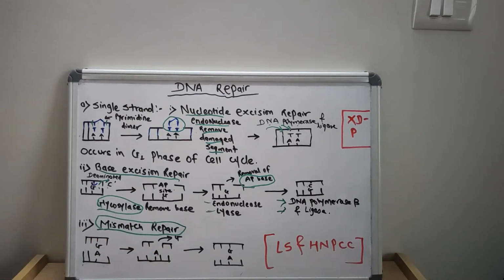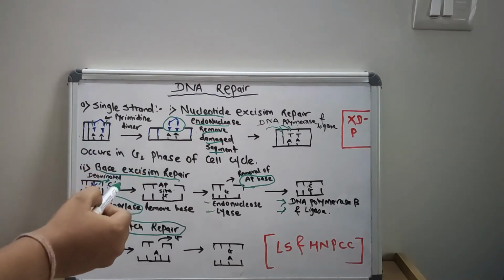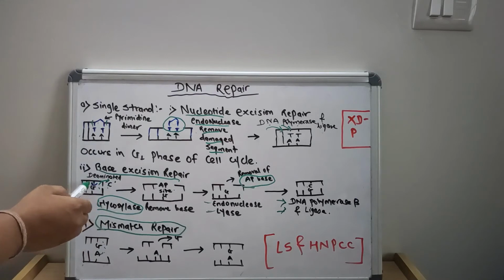Here in mismatch repair, mismatched nucleotides in the newly synthesized or unmethylated strand are removed. The adenine is paired with the guanine. Let's not confuse it with base excision repair, because in base excision repair the already formed cytosine is deaminated to form uracil.